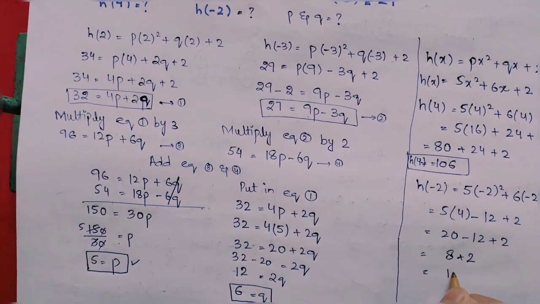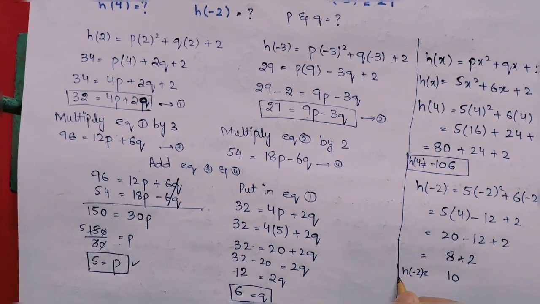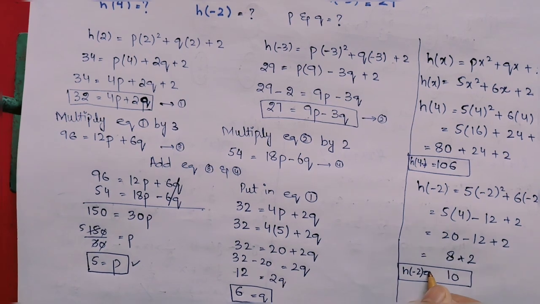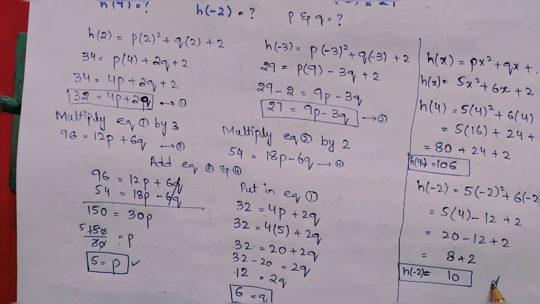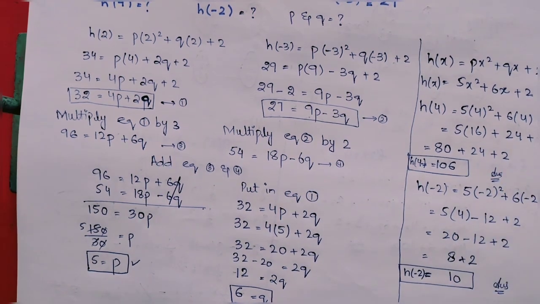This is your answer 10. It's the answer of h of minus 2. So all the required things are done. So this is your answer. I hope you understood it.